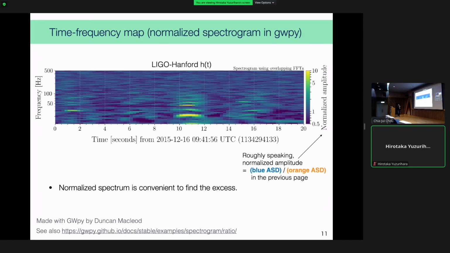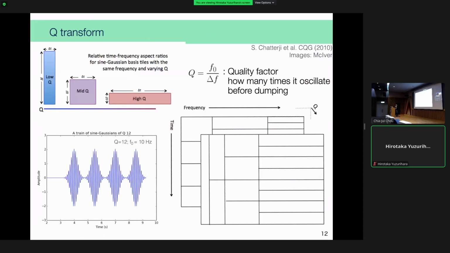If you focus on the low frequency region, you can see the size of a tile. But in the high frequency region, the tile looks very tiny, relatively. So it is better to change the tile size relatively. One way is the next slide, the Q transform.